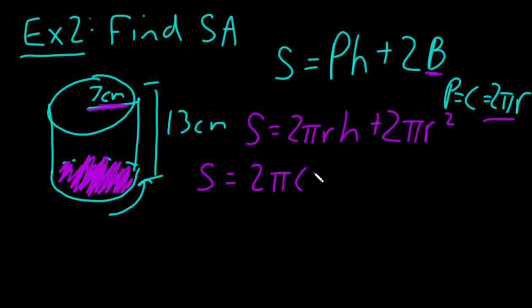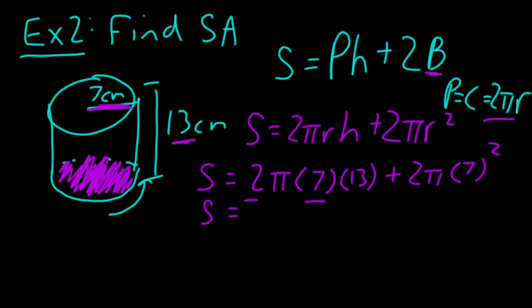So we have 2 pi times our radius is going to be 7 times our height, which is 13, plus 2 pi, and we know once again our radius is going to be 7 squared. So let's write this out. We'll say the surface area is equal to, and we know that we have 2 times 7 times 13. Well, 2 times 7, that's going to give us 14, and 14 times 13, I'm going to have to reach for my calculator here, as I would imagine a lot of y'all would as well.